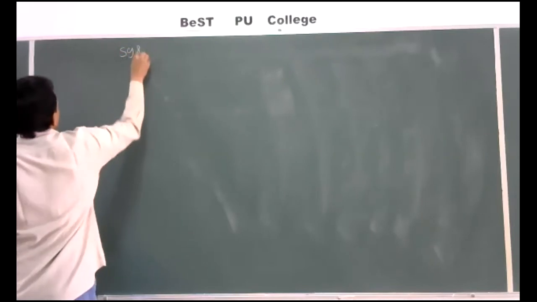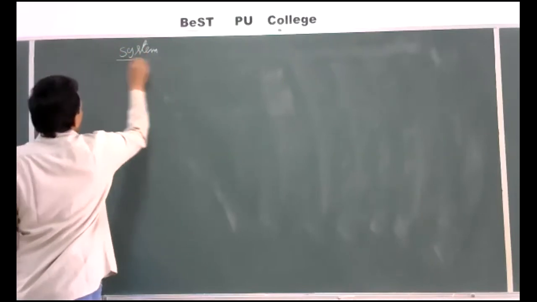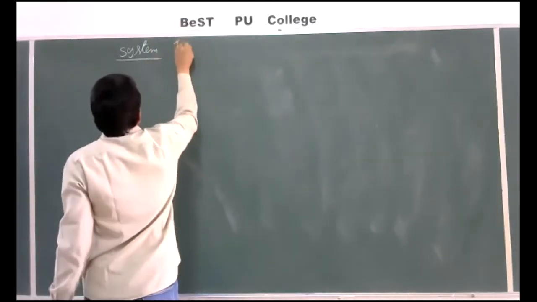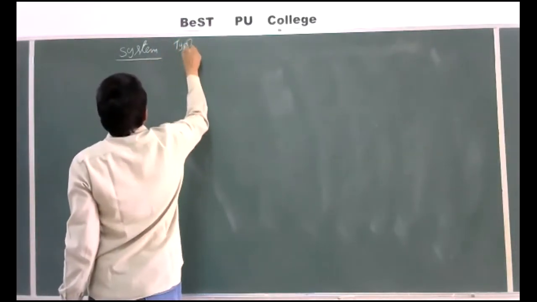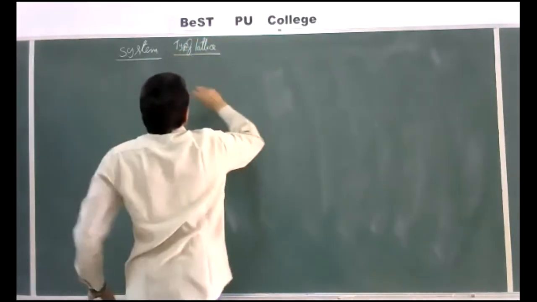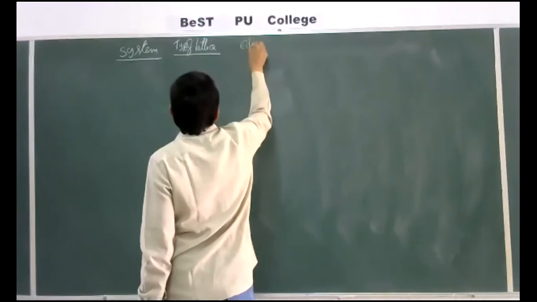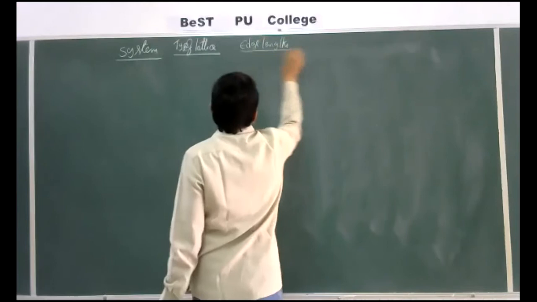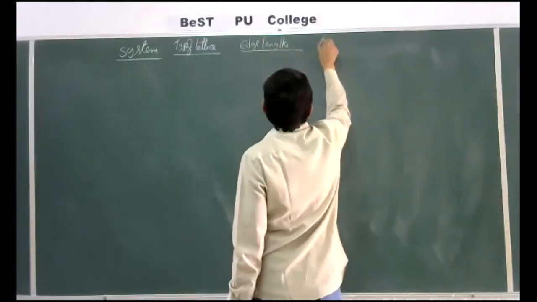System, type of lattice, edge length, angle between edges.